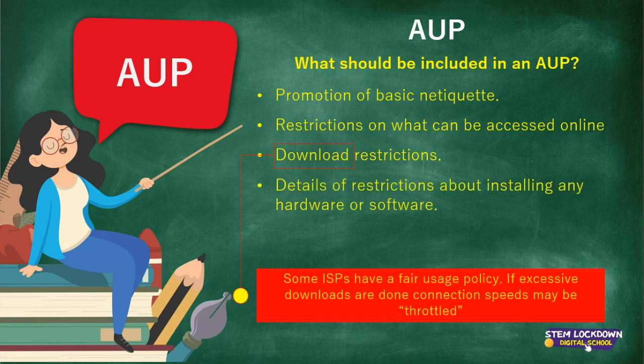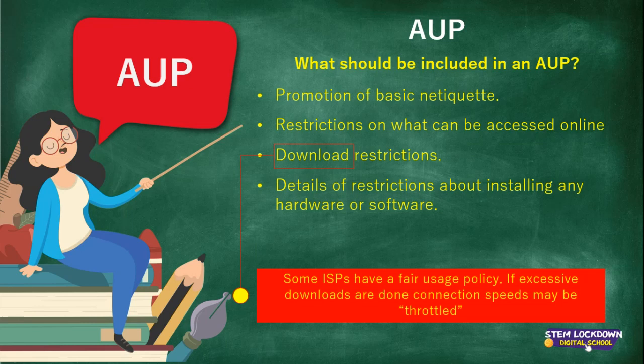policy, right? Other things that can be in the acceptable user policy are the details of restriction about installing any hardware or software, right? Especially installing software. People have a tendency of wanting to install games on their computers, and those things actually put a strain on the computer's resources, right?